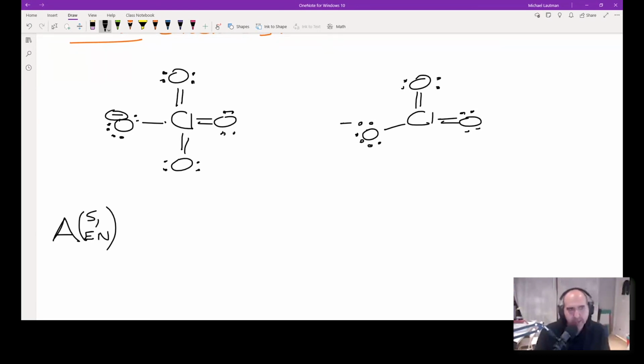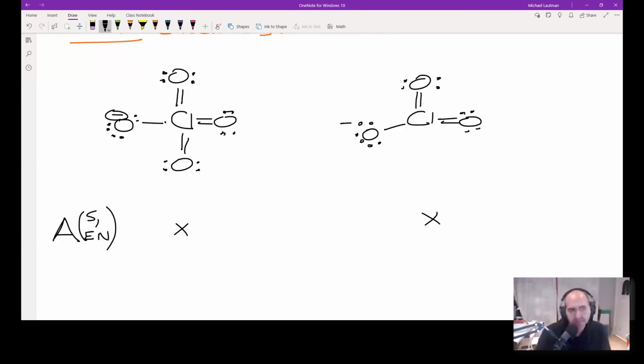If we look at these conjugate bases, remember the size refers to the size of the atom carrying the charge. So is there a difference in the size, or electronegativity, of the atoms carrying the charge in this case? And the answer is no, because it's oxygen in both cases. So there's no difference here.